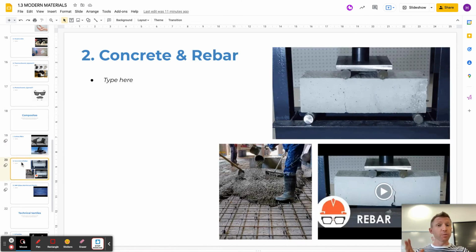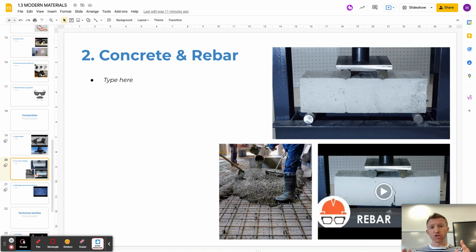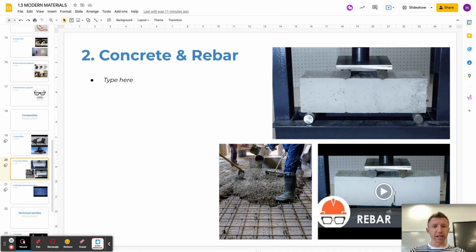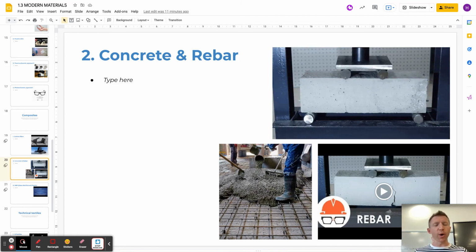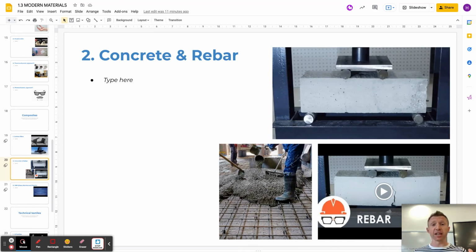You get the best of both worlds. You get the tensile strength and the flexibility of the iron, coupled with the extreme hardness and the excellent bonding of the concrete. So you end up getting this super material that's strong in every way. It's ultra hard, it's ultra tough, and it has an excellent level of tensile strength as well.